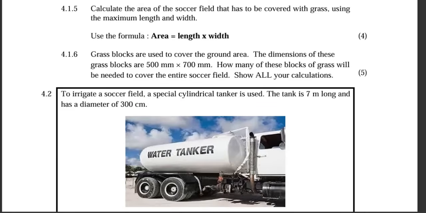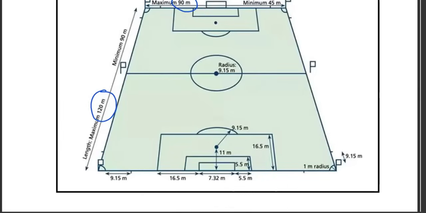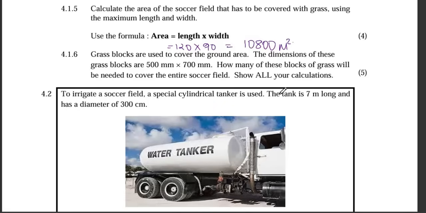So our answer here will be 120 times 90, which becomes 10,800 meters what? Squared. That's the answer there. For max 1, we have that, and the units.